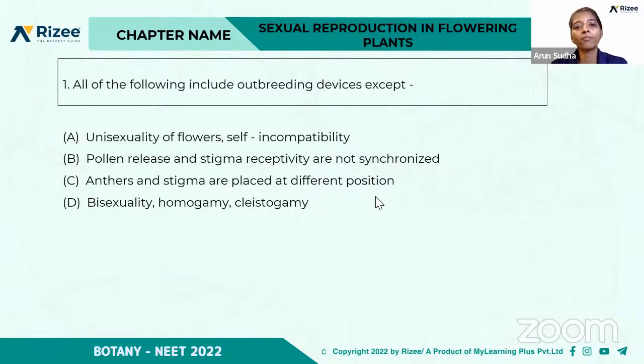All of the following include outbreeding devices except: unisexuality of flowers, self-incompatibility, pollen release and stigma receptivity not synchronized, anthers and stigma placed at different positions, then bisexuality, homogamy and cleistogamy. So all of the following include outbreeding devices except. Yes, B is the right answer.